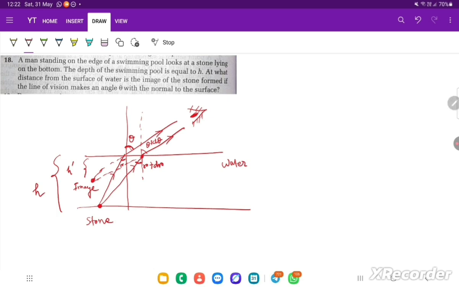And then let me mark this point as A and this point as B, just for convenience of our calculation.